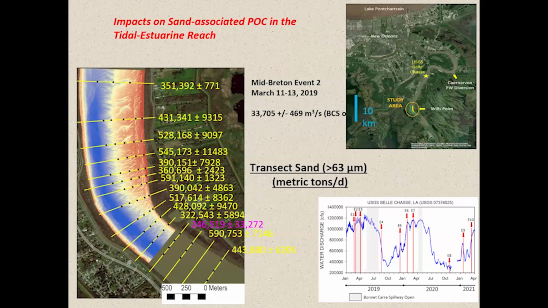This is just, again, how incredibly dynamic these bars are. This is something we did for the mid-Breton potential diversion. We had an incredibly dense sampling network where we calculated suspended sand fluxes, and you can see they vary tremendously across the surface of this bar by a factor of 2 or 3.